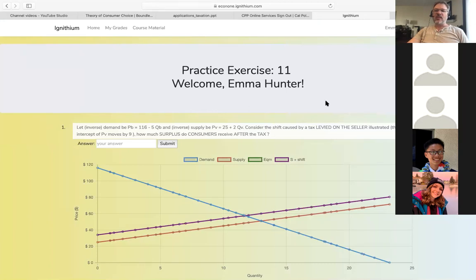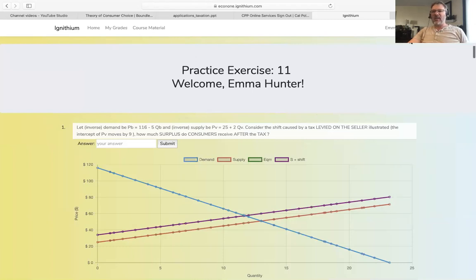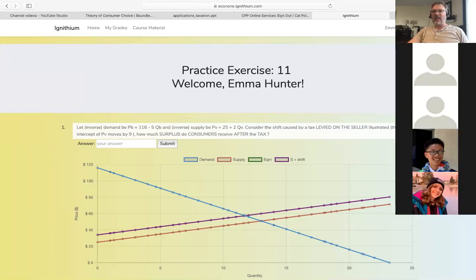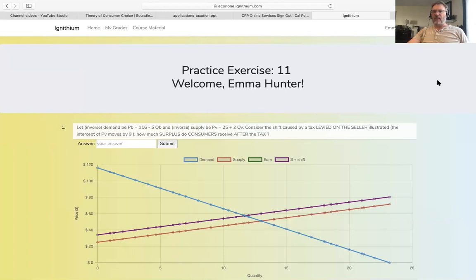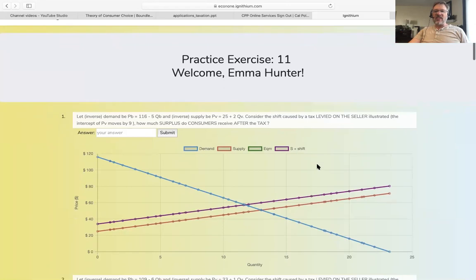So this is the quick way for me to cover the material on taxes and subsidies. I think I also already asked you guys to review some lectures, and those are lectures that I use from principles, but just to remind you of what's going on. And these are the same types of problems.